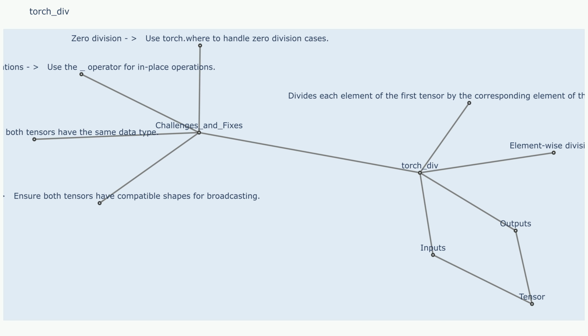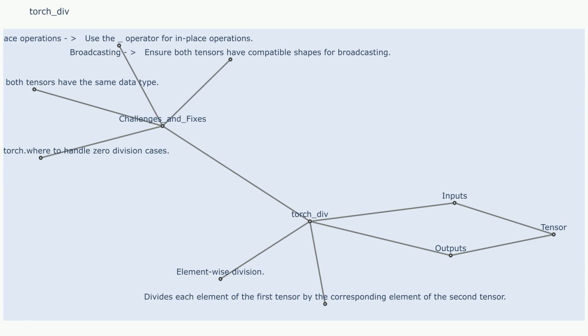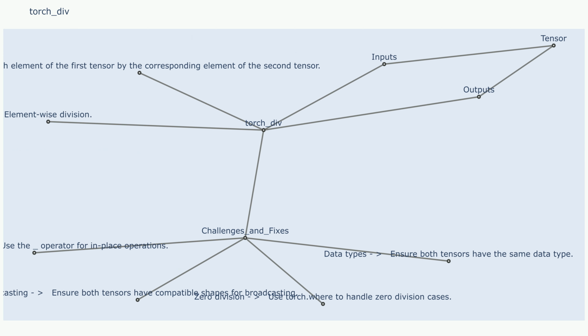torch.div. Description: the torch.div function performs element-wise division of two tensors. It is a versatile function that can handle various division scenarios, including integer division and floating point division. It also supports different rounding modes for integer division.